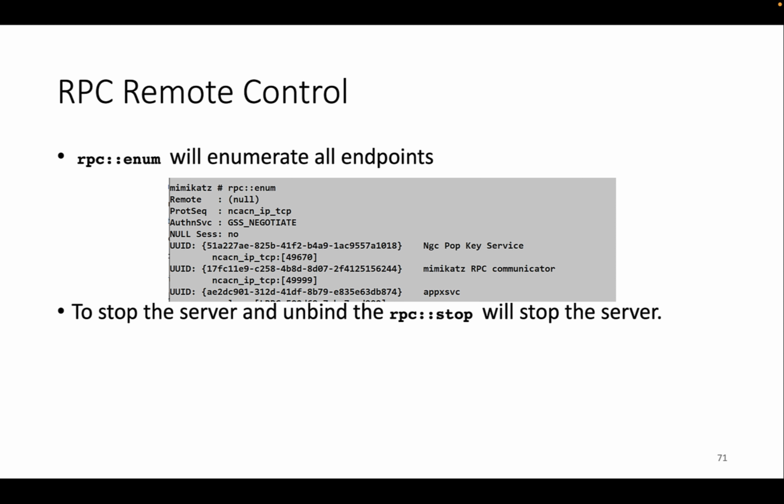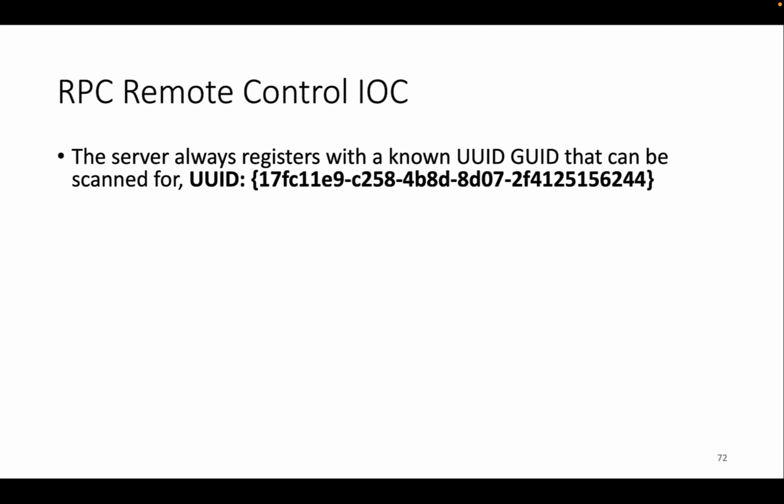If you actually have special shared access, you should be able also to log for this. So when we look at the UUIDs, the UUID that we're always going to be looking for, if it was not changed by the attacker, is going to be this one that you see here on the screen. This is the default hard-coded one for Mimikatz itself.